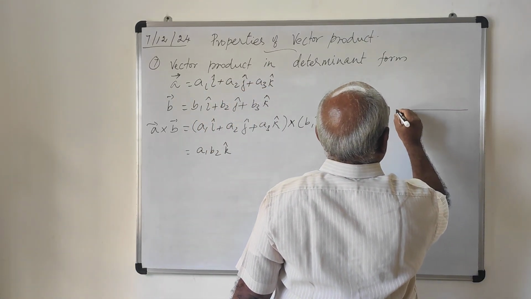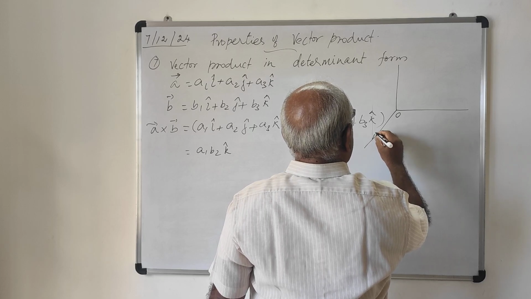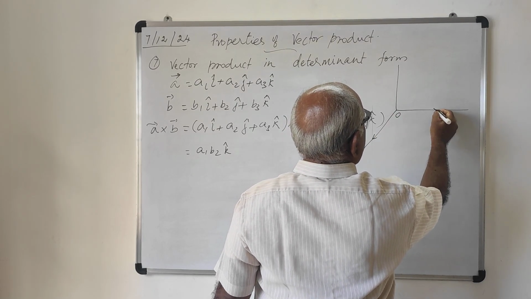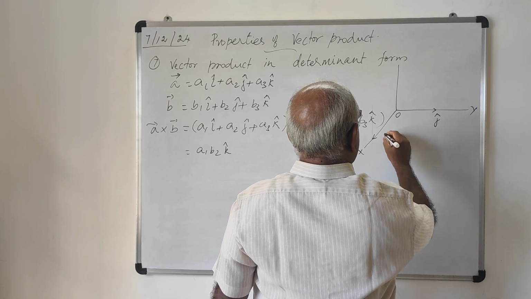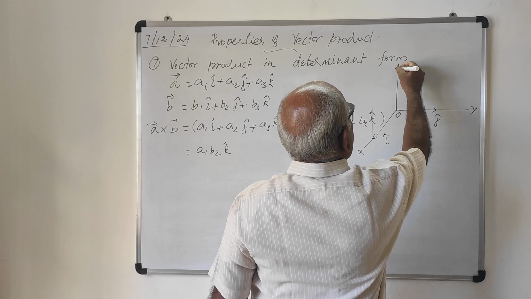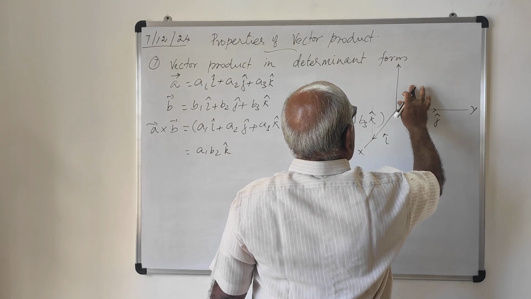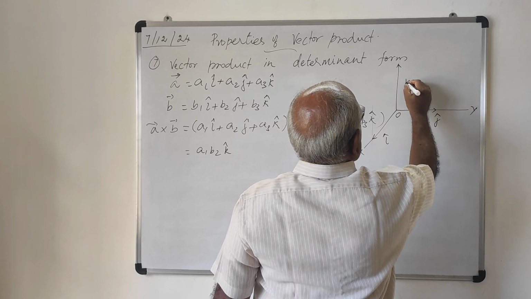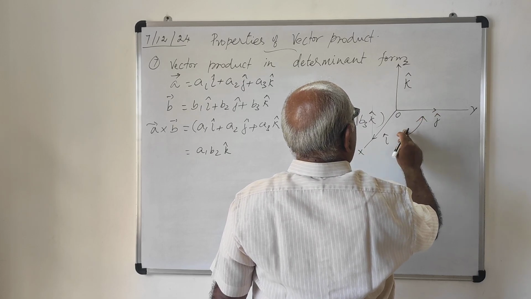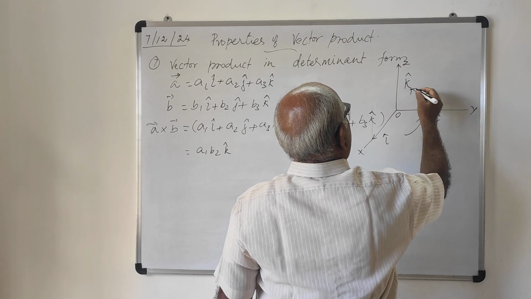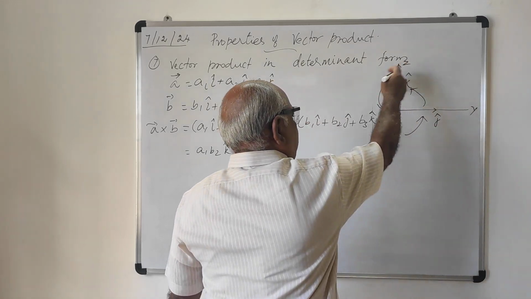See, this is the coordinate system: Ox, Oy, Oz are the mutually perpendicular coordinate axes. j cap is the unit vector acting along the y-axis, i cap is the unit vector along the x-axis, k cap is the unit vector along the z-axis. So in the anti-clockwise sense you get positive vectors: i cross j is k, j cross k is i, k cross i is j.